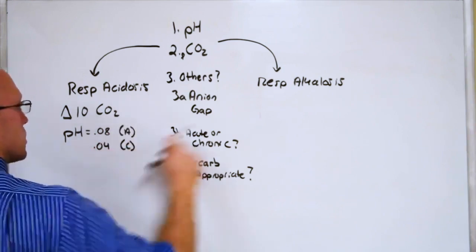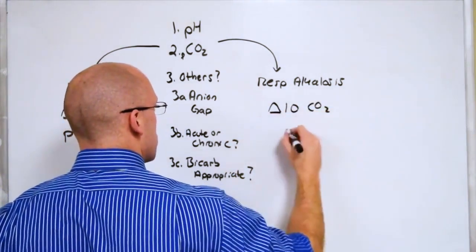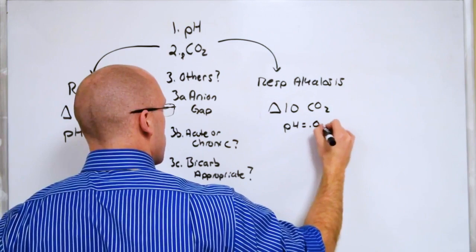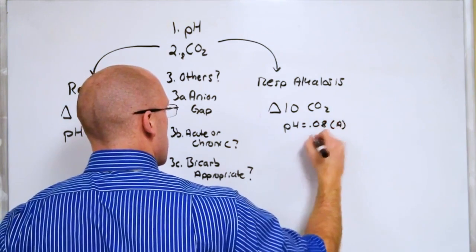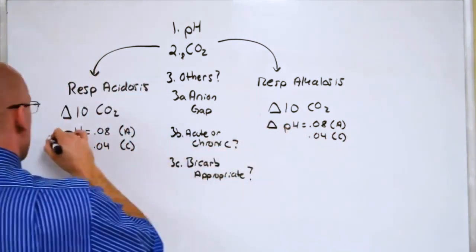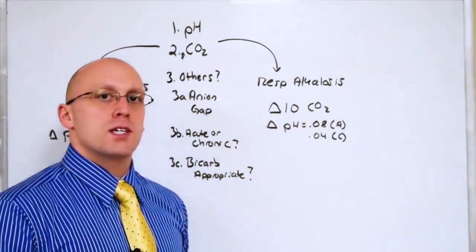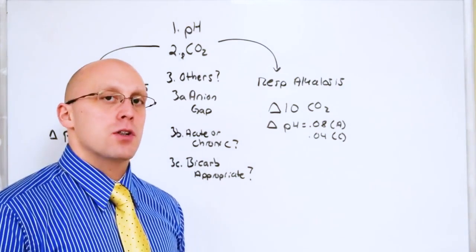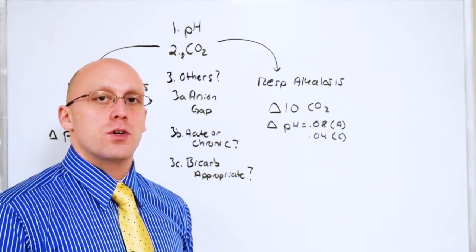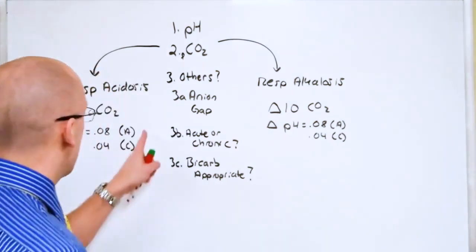In respiratory acidosis and respiratory alkalosis, same thing. Dime change of CO2, the pH will change by 0.08 if it's acute and 0.04 if it's chronic. So what you do is say, what is my pH right now? What is my CO2? Calculate the change in pH from normal, 7.4. Whichever your current pH is at, or closest to, you pick acute or chronic.